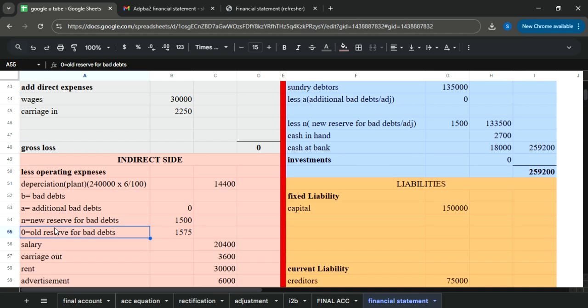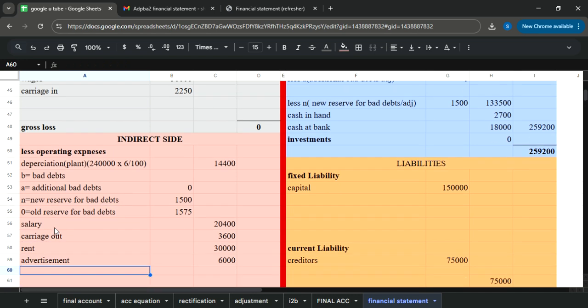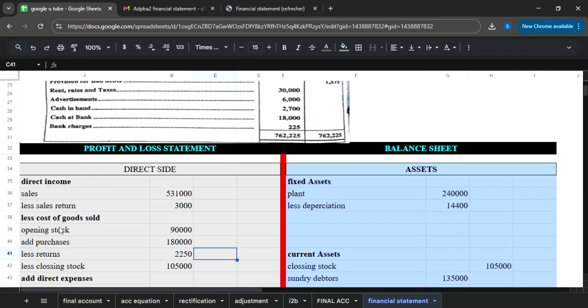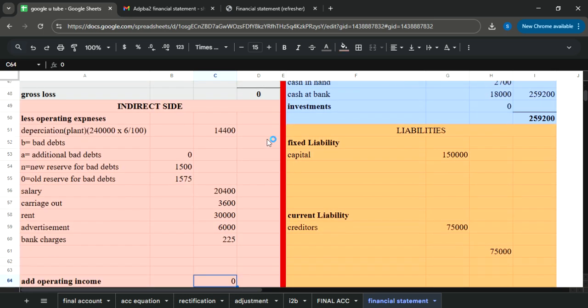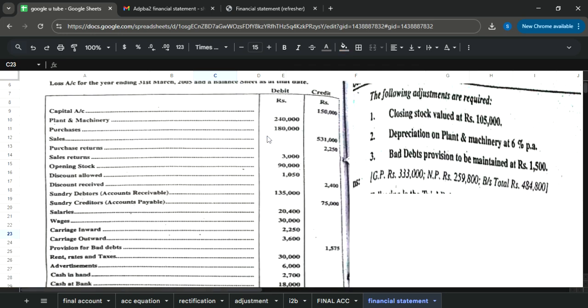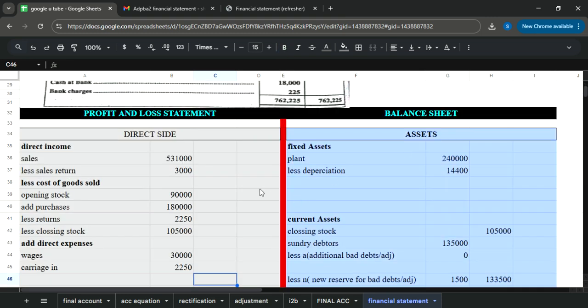So you will come over here and mention bank charges, amount of which is 225. Okay guys, all elements present in the trial balance are completed, all adjustments are completed. So we are now ready to solve with the help of calculation.